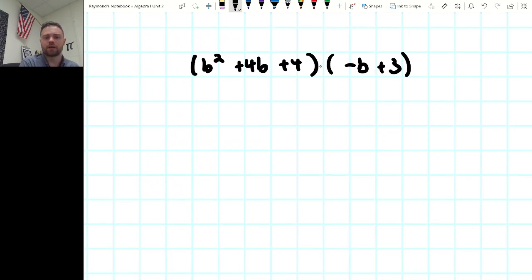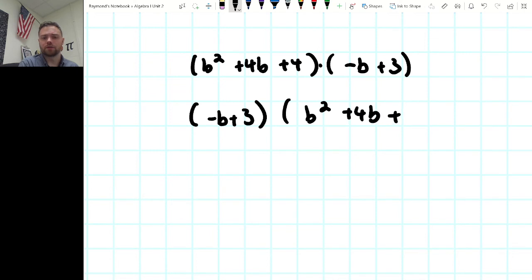So I'm going to use the commutative property and swap the two parentheses. So I'm going to write negative b plus 3 first times b squared plus 4b plus 4. And so that's a legal move. You can swap any two parentheses just like you can swap any two numbers. And then I'm just going to distribute.